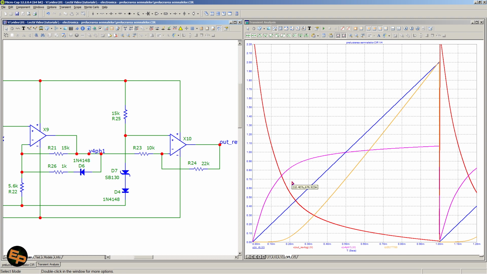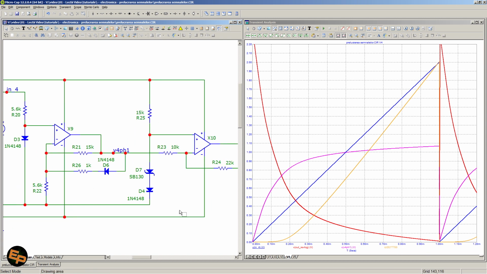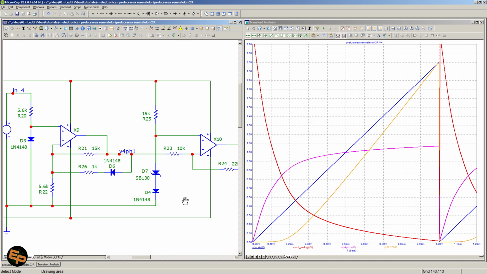Something like this I needed for a circuit that I worked on and that I will show you in the next video. So whenever we need something like this, we can think about this particular circuit, okay, and adjust it to satisfy our needs.